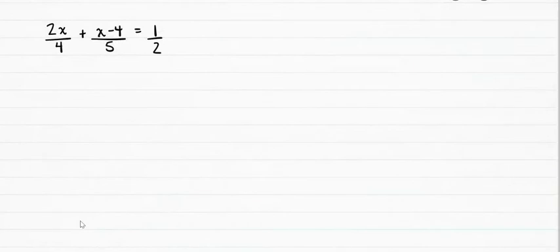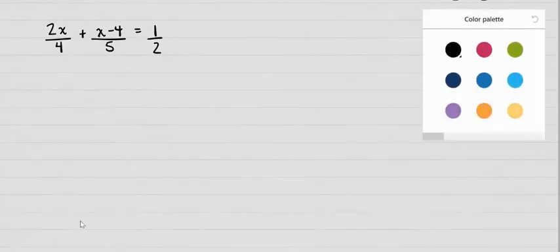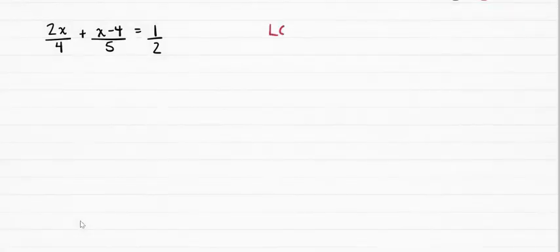Okay, here's a second example of solving equations. Here we're going to, as well, look for the lowest common denominator. Here we're looking for the lowest common denominator between 4, 5, and 2.